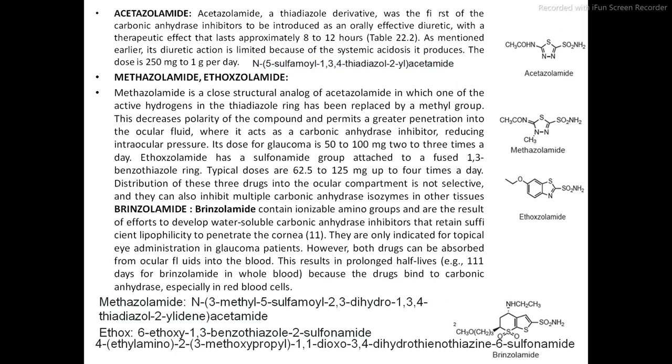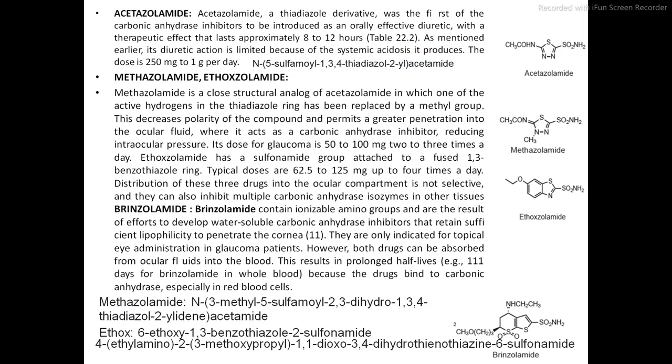So because of the addition of the methyl group, methazolamide decreases the polarity and permits greater penetration into the ocular fluid, where it acts as a carbonic anhydrase inhibitor, reducing the intraocular pressure. Its dose for glaucoma is 50 to 100 milligram 2 to 3 times a day.